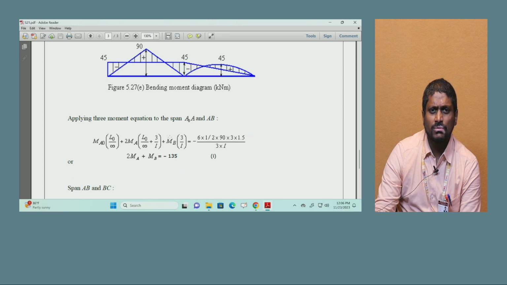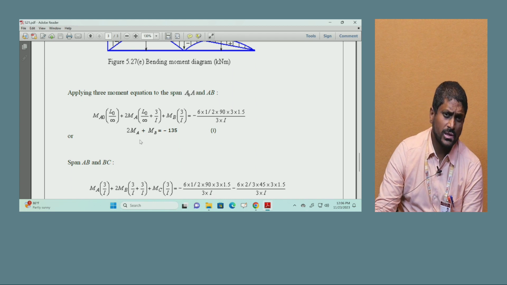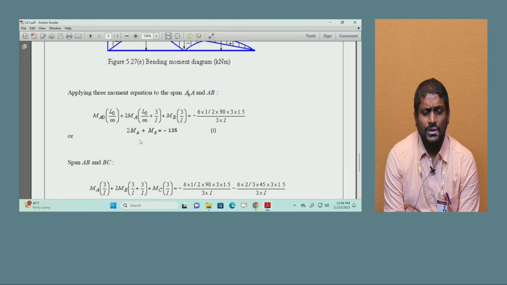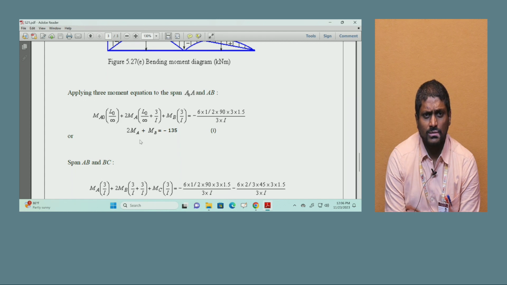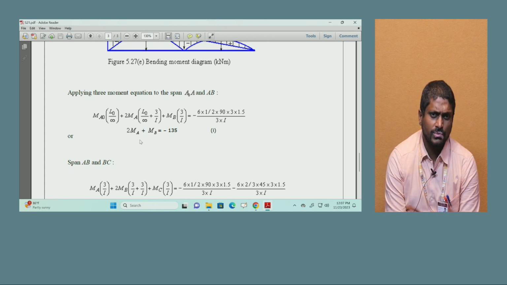Then applying the three moment equation to the spans A naught A and AB, as we have done above, we are going to get one equation, that is 2MA plus MB equals minus 135. We got that from MA naught into L naught by I naught, where the span term is infinity, so that is going to cancel.